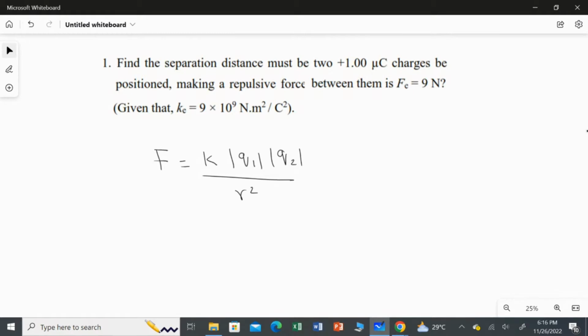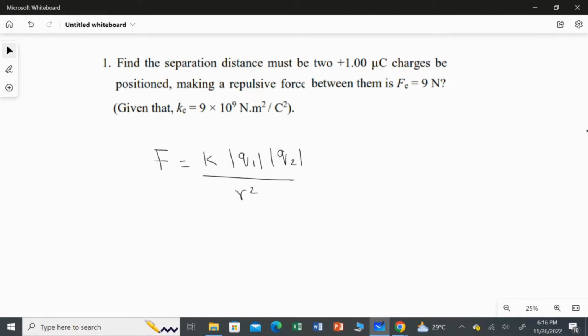Now we are going to use this rule and rearrange this equation in terms of the distance square, and after that substitute the value of charge 1, charge 2 and the force, and finally we will get the answer in terms of distance square, and then we have to take the square root for getting the answer for the distance.